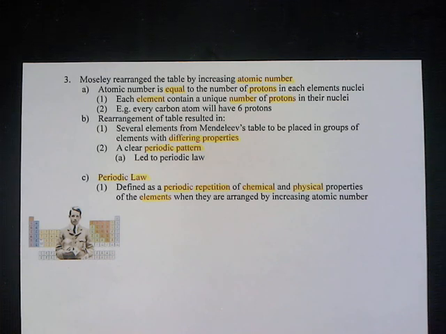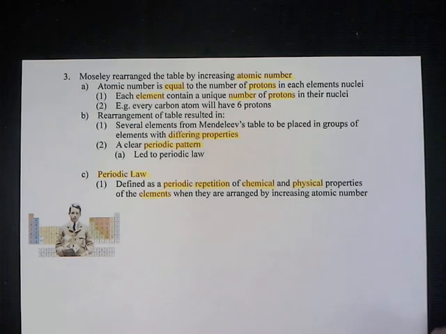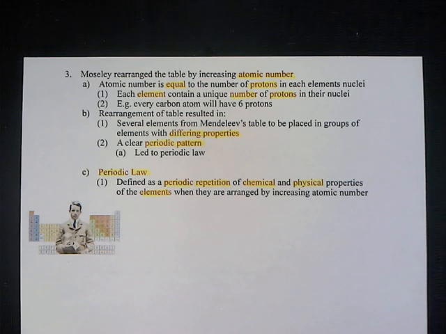Because he puts the elements in increasing atomic number, we get the periodic law, which is just a periodic repetition of chemical and physical properties of the elements. Now, this law held true, whereas the law of octaves sometimes broke down.